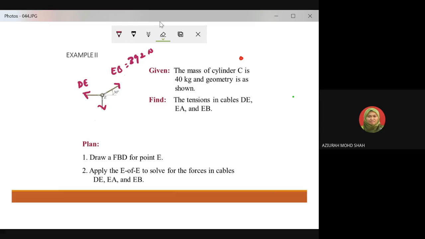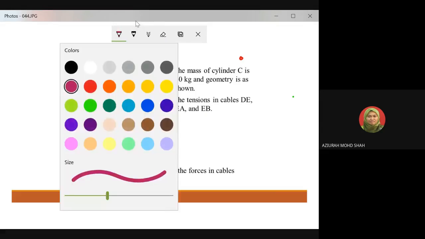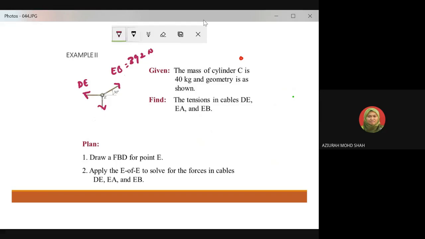Okay, ni pun kita dah tahu EB is 392. Okay, triangle. Straight. EA. Okay, lepas tu nak sambung, kita boleh sambungkan dengan DE lah.